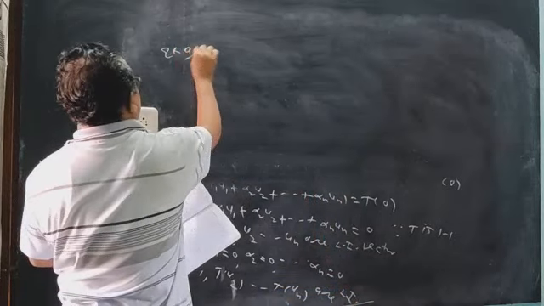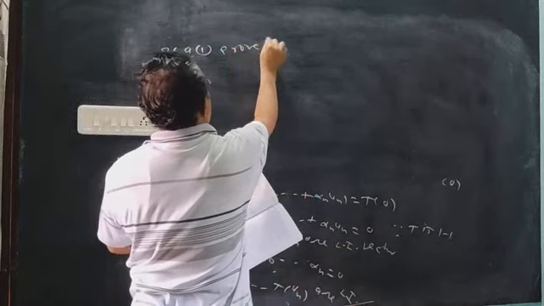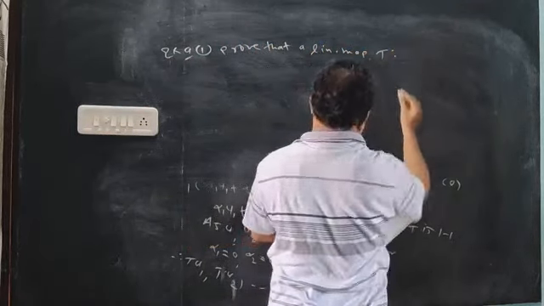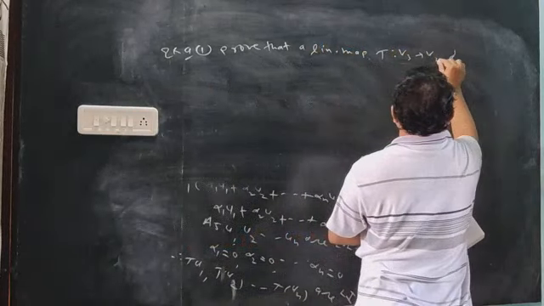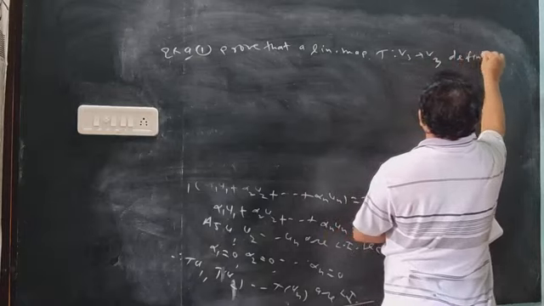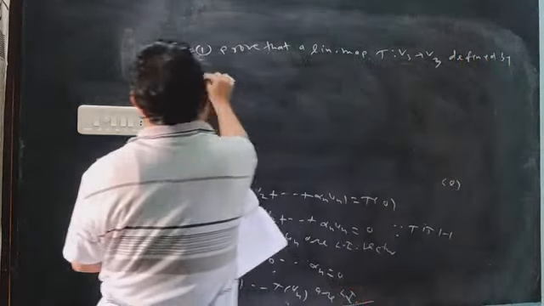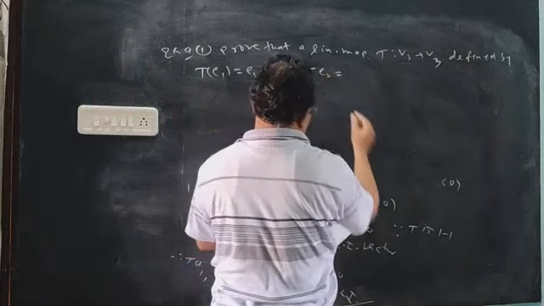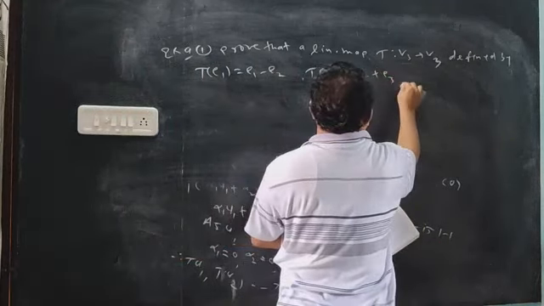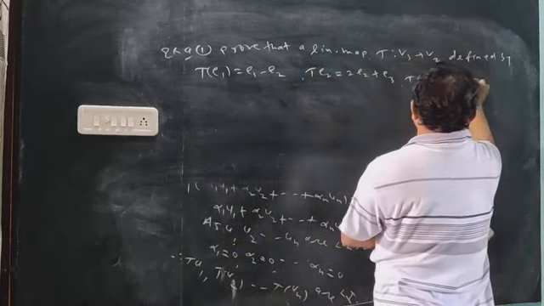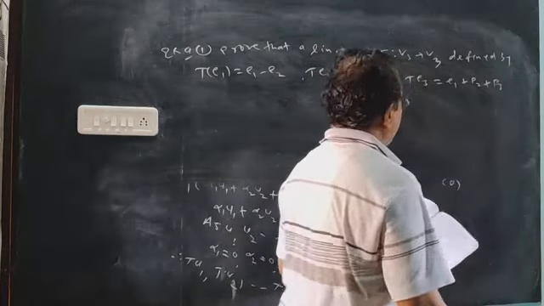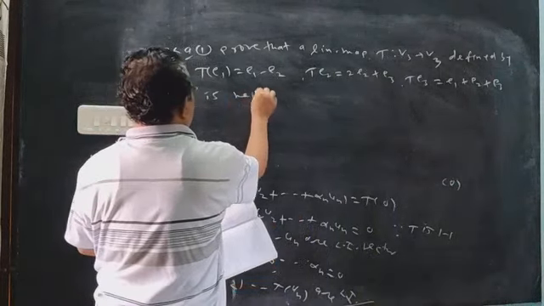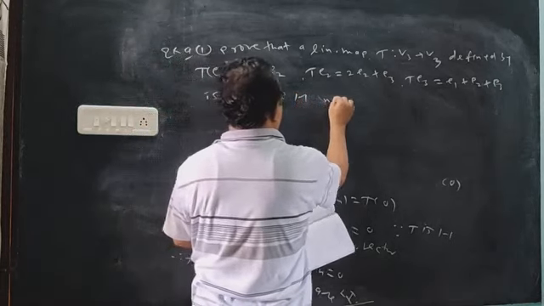Next, a big example, a 6 mark question. Prove that a linear map T from V3 to V3 defined this way, T of e1 is e1 minus e2, T of e2 is 2e2 plus e3, T of e3 is e1 plus e2 plus e3, is neither 1-1 nor onto.